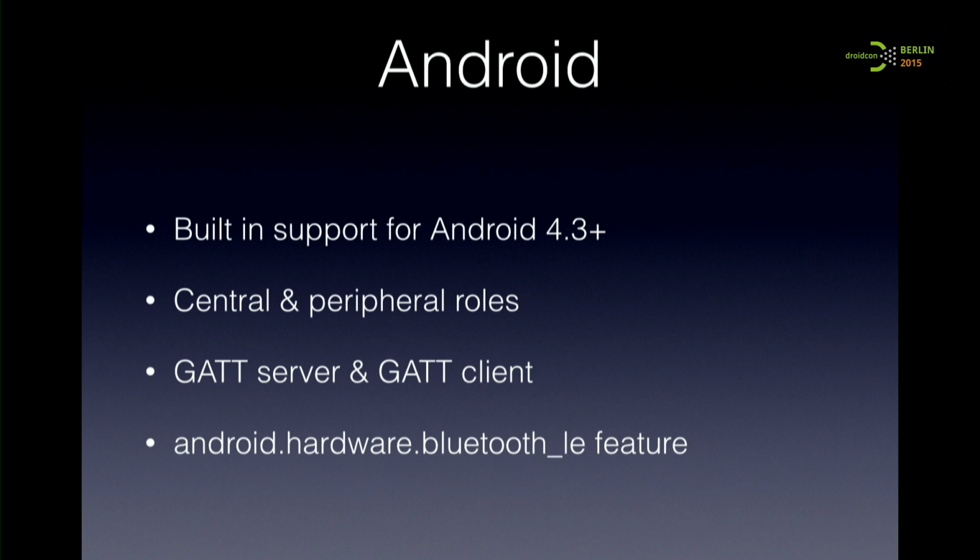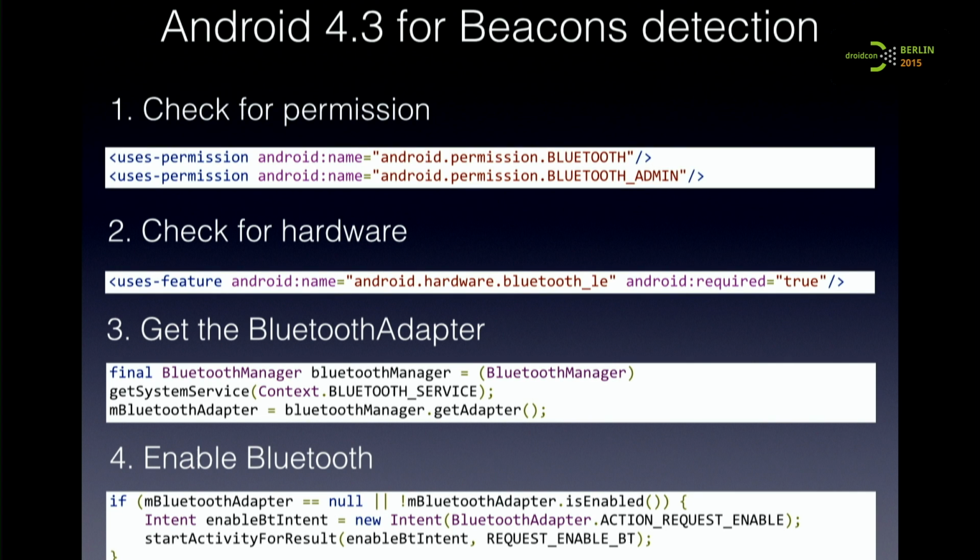And also with Android 4.3 the uses-feature Bluetooth LE was added. So you can specify if you want to make it required. If a device doesn't have BLE support, your application cannot be installed on the device.